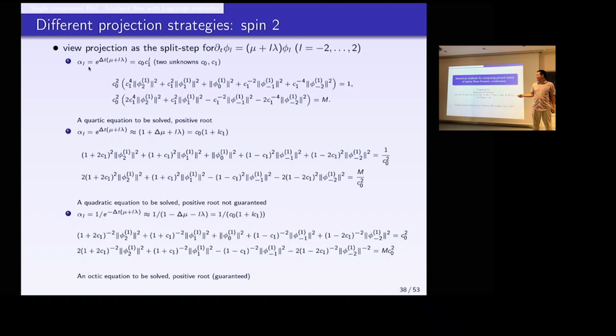The last one is that we can do the Taylor expansion and play the trick in a different way, like in the denominator. For this one, spin 2 gives an octic equation.